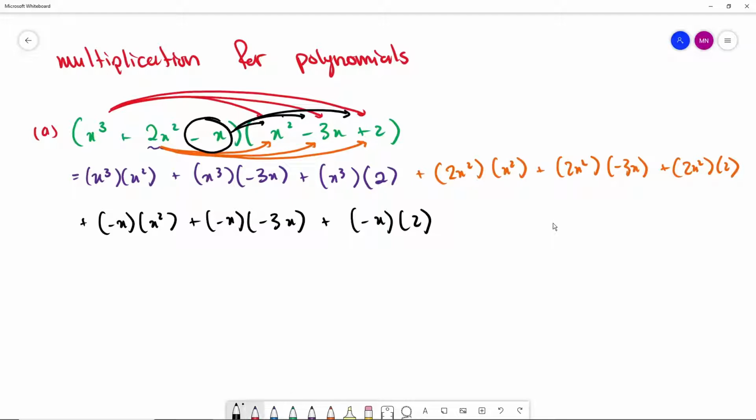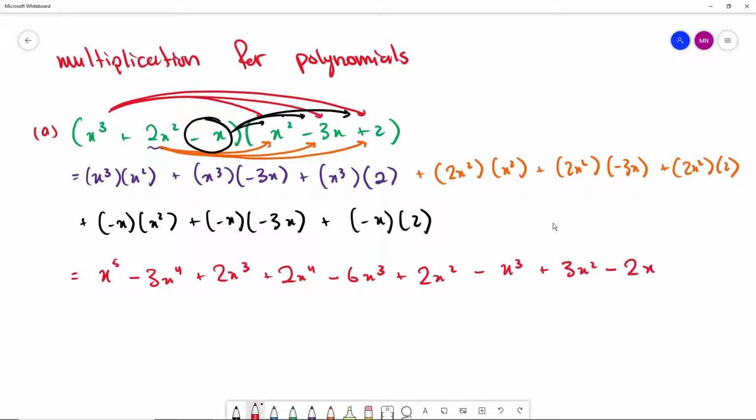Now we solve each of the multiplications in the brackets. That means we have x to the power of 5, then negative 3x to the power of 4, plus 2x to the power of 3, plus 2x to the power of 4, minus 6x to the power of 3, plus 2x squared, and then negative x cubed plus 3x squared and negative 2x.